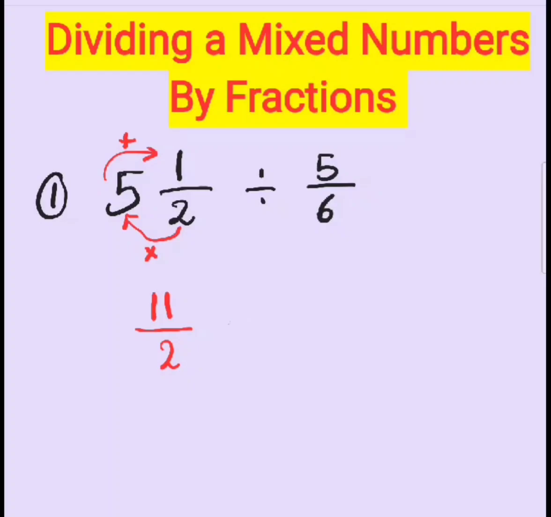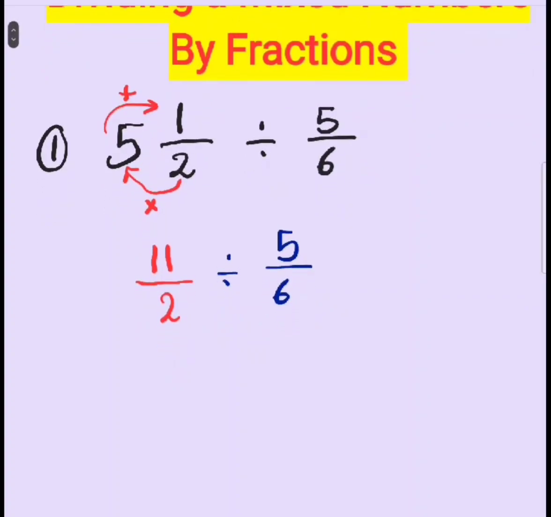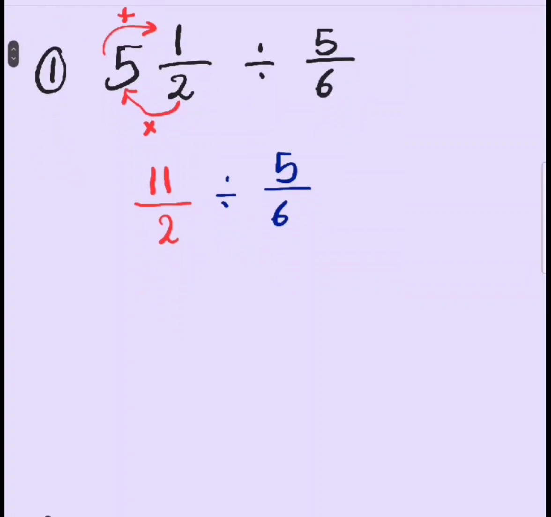Then we'll bring down the rest of the problem. So divided by, and then our fraction. On to the next step, which is KSF, that stands for keep, switch, flip. So the steps of dividing fractions. That just means we keep our first fraction as is. Then we switch the division to multiplication.